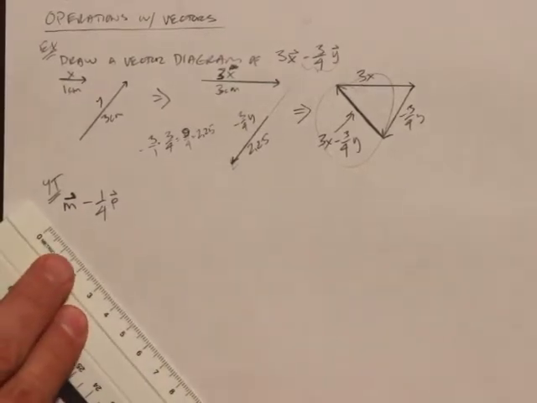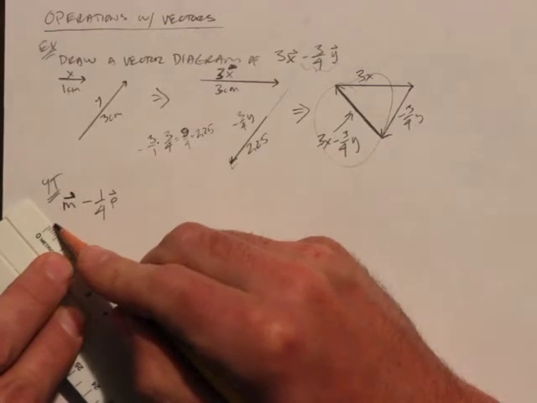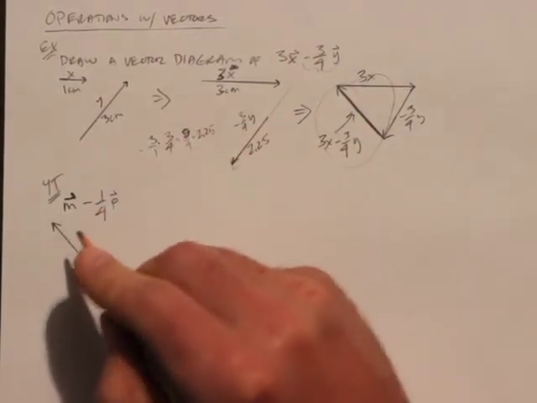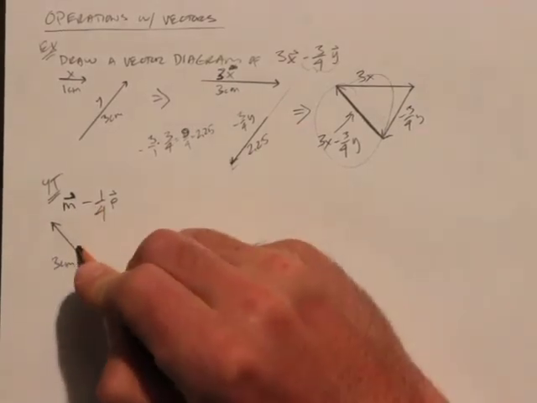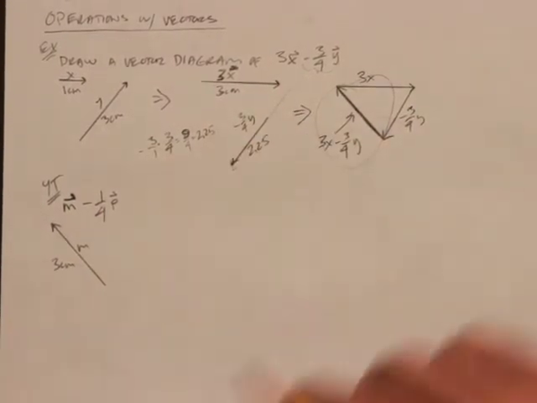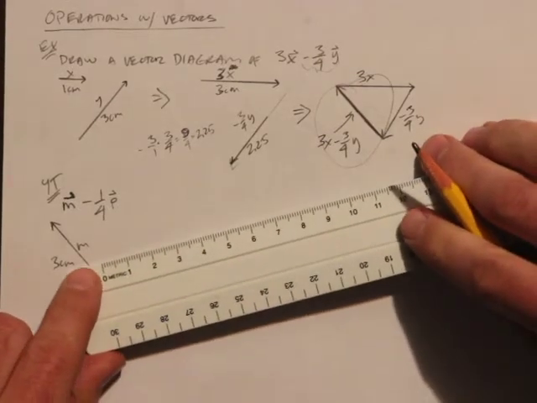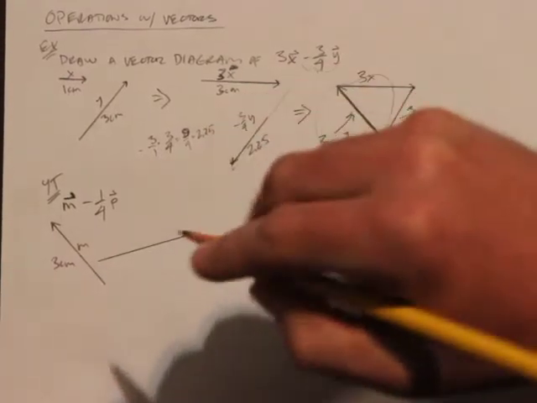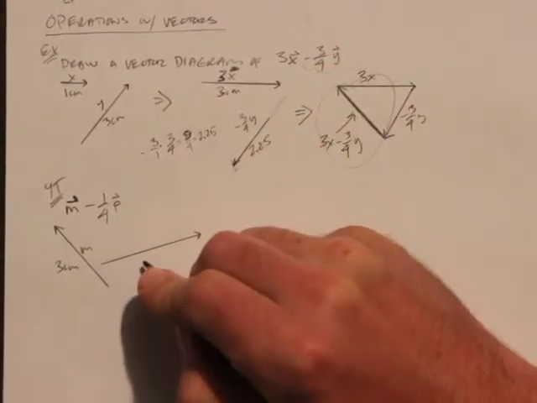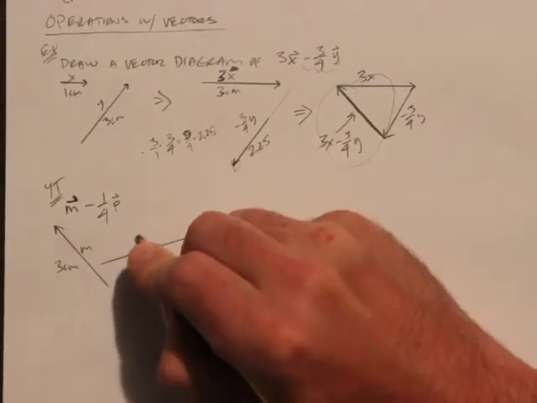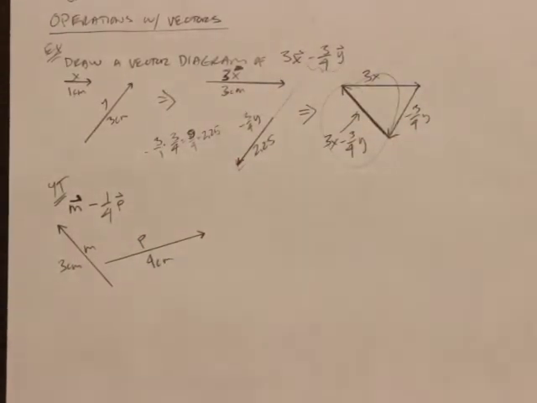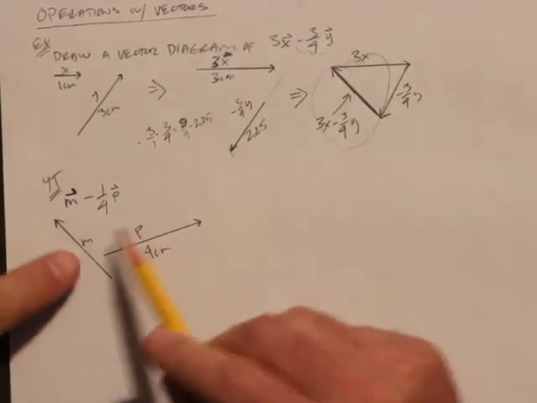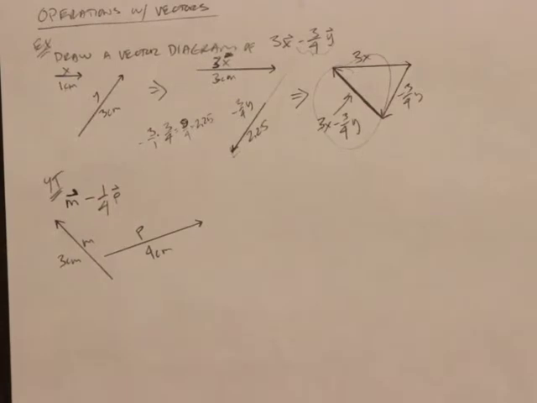So m is going to be 3 centimeters, and it's going to go this direction. And p is going to be 4 centimeters and go this direction. Four centimeters, that's p. All right, so based on what we just did here, go ahead and pause and do this one.